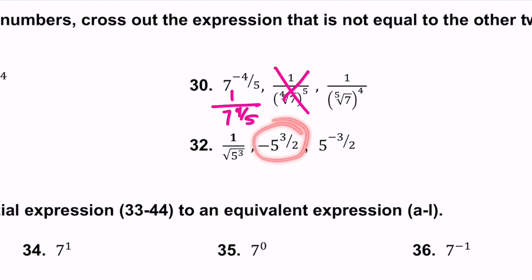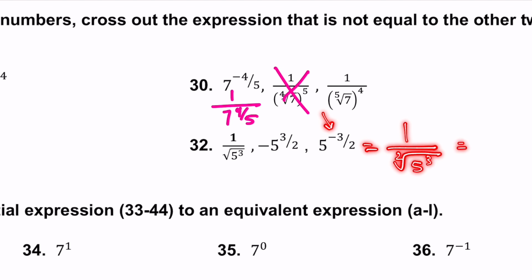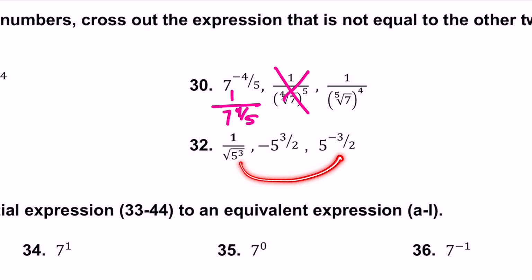This is up on the numerator, but if we have a negative exponent, that's where we're going to take and put it in the denominator, where I have the cubed root of 5 cubed, or we can think of it as 1 over 5 to the 3/2. So these 2 are going to be the same. We're going to cross out the middle one.